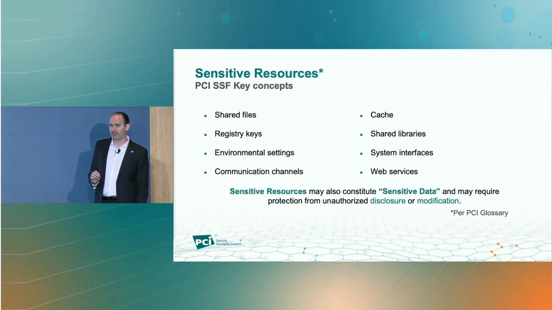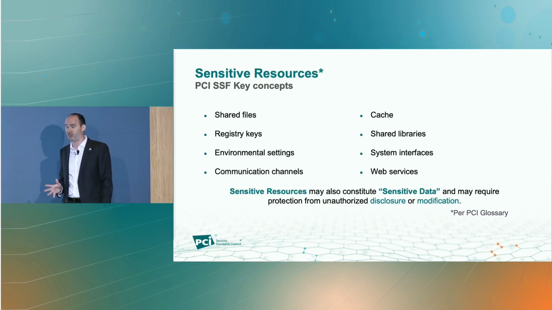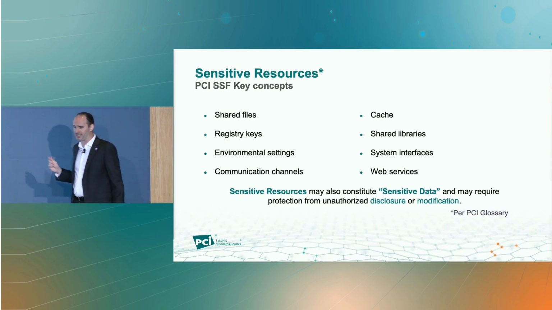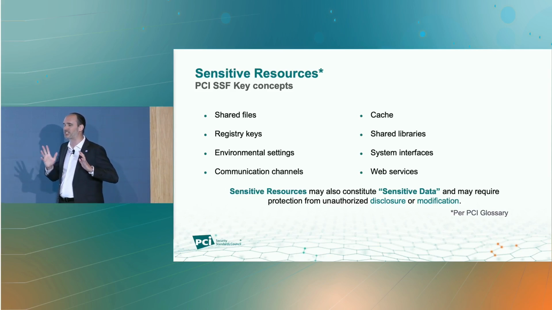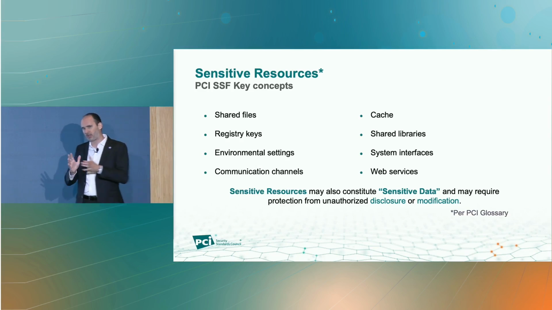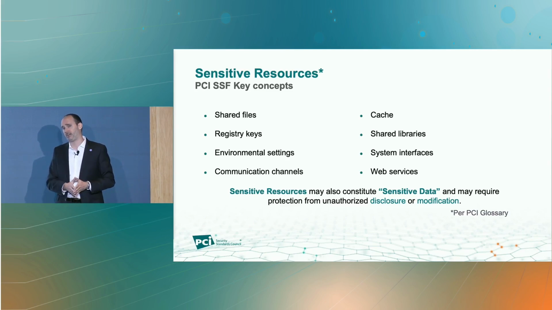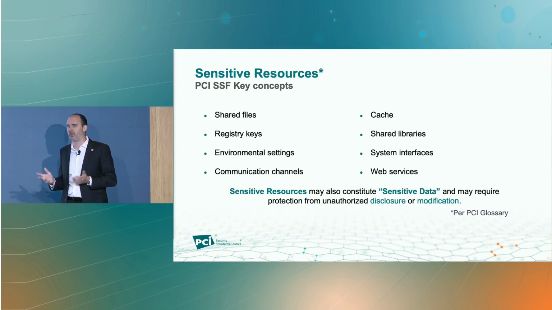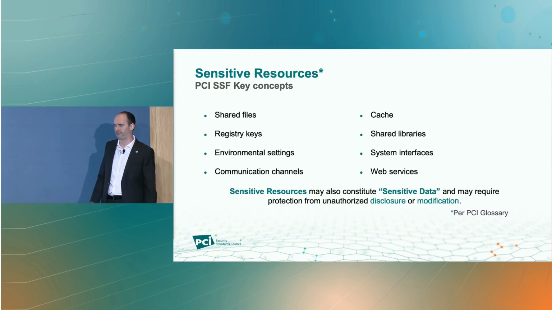Sometimes the payment functionality also interacts with sensitive resources. But what are those sensitive resources? Sensitive resources are external to the payment software, but required by it to make a complete system. Remember, a sensitive resource can also be sensitive data. For example, a configuration file that sits in the operating system that may contain an encryption key that's used by the software.